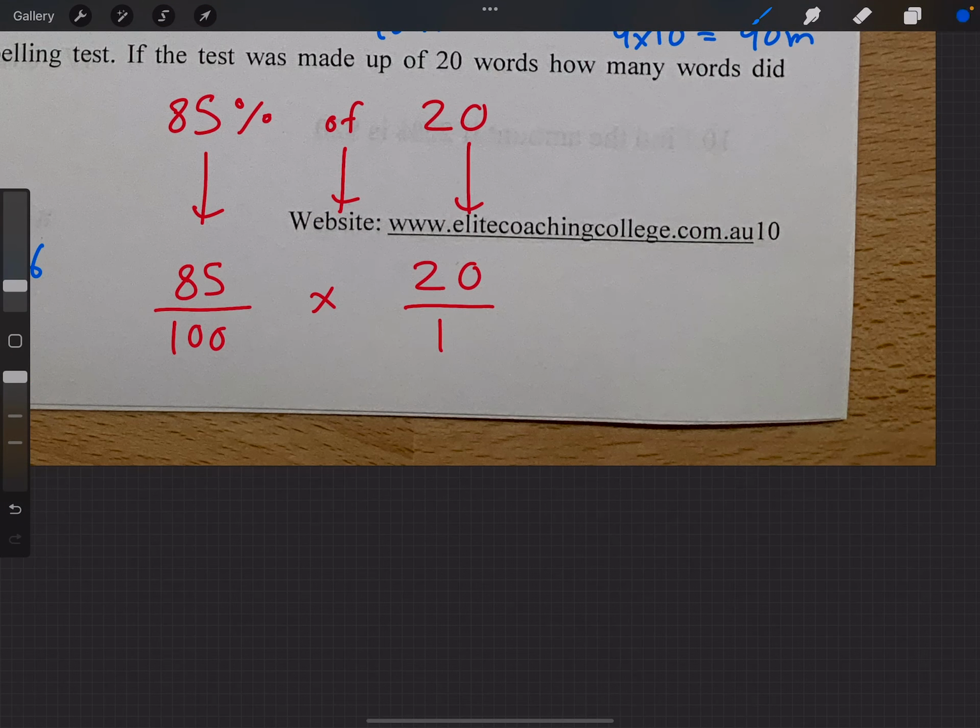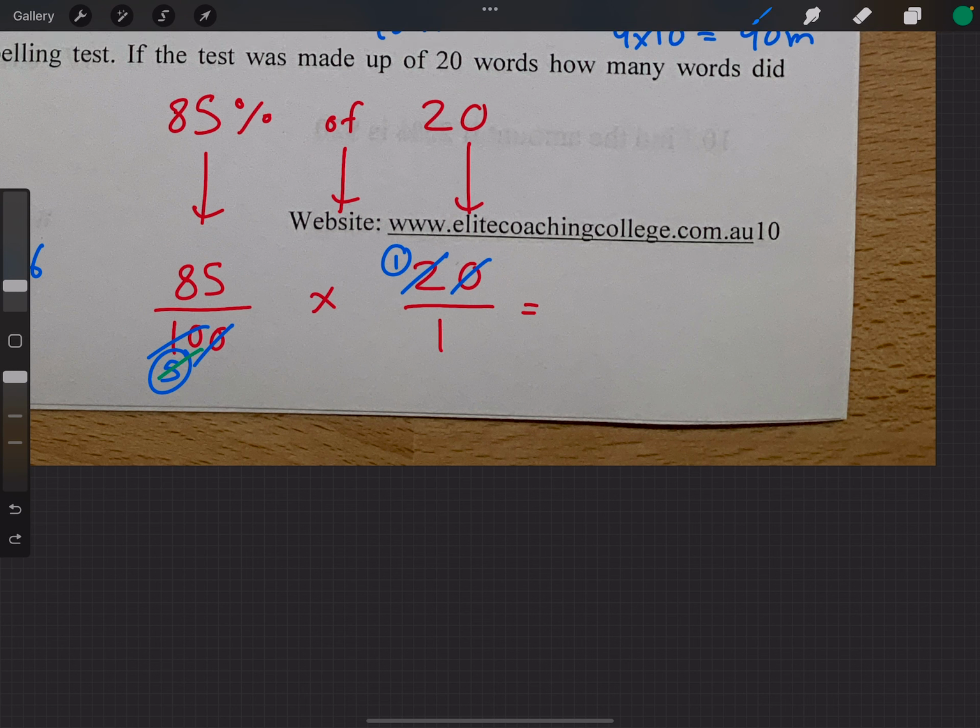Now, first of all, let's get rid of this 0 and this 0. Now, I can also get rid of this 2. I can divide it by 2, get 1. Divide this by 2, I get 5. And then I can also look at this one here.